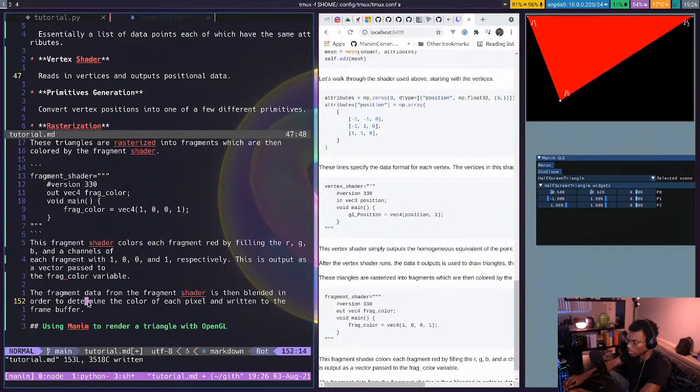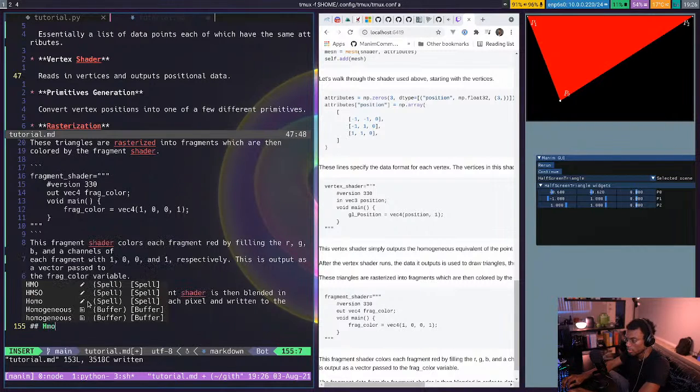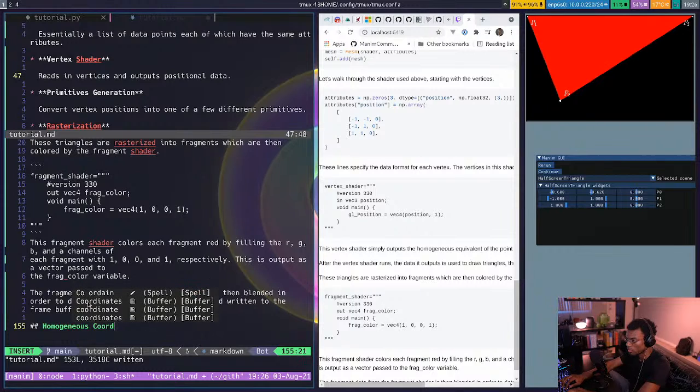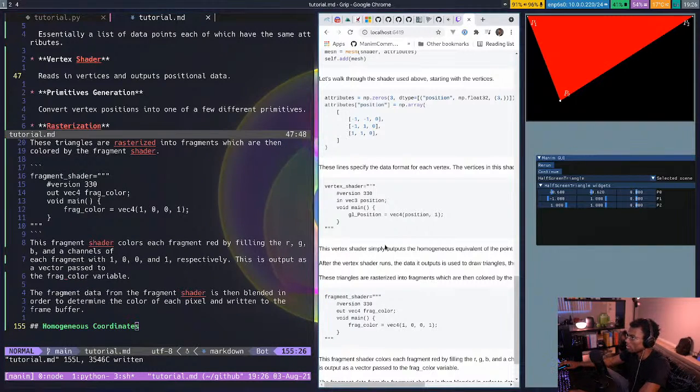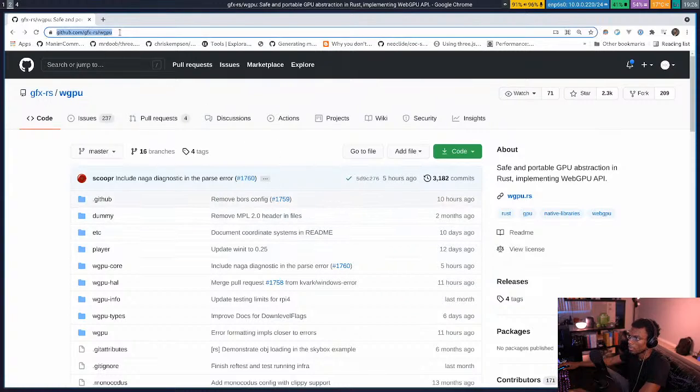Okay, so then I have to start the section on homogeneous coordinates. And honestly, I don't know if I can give a clear explanation of homogeneous coordinates right now.